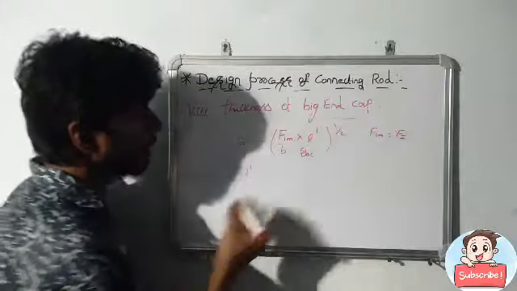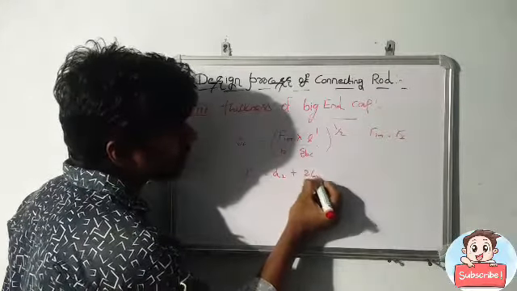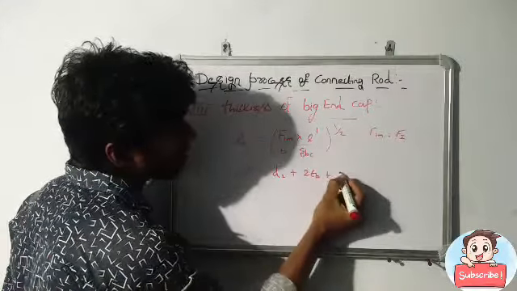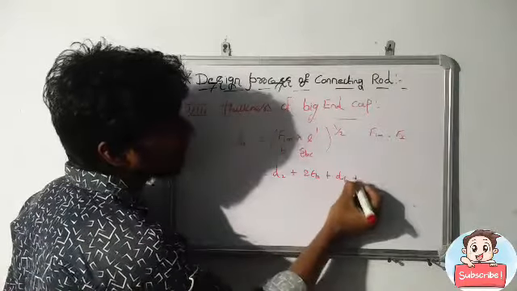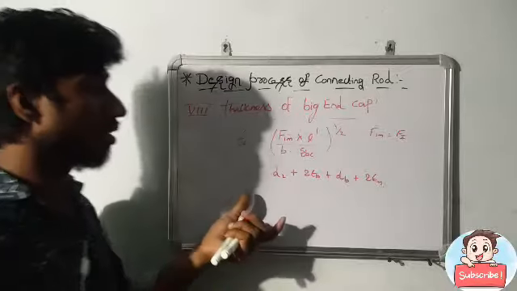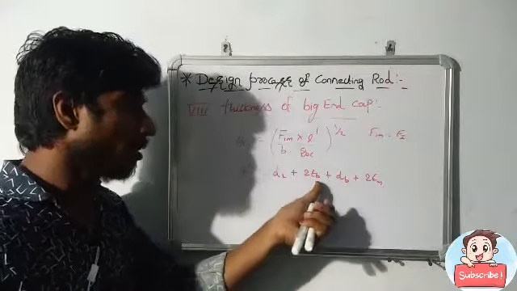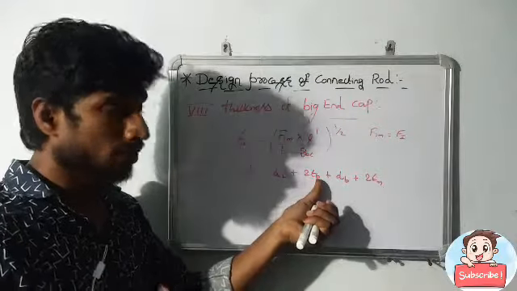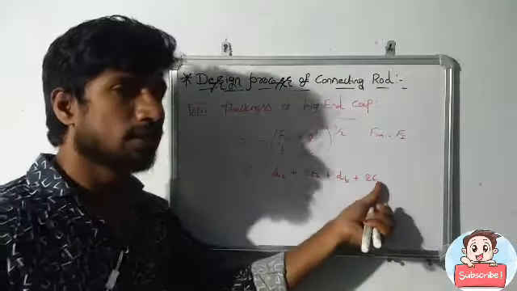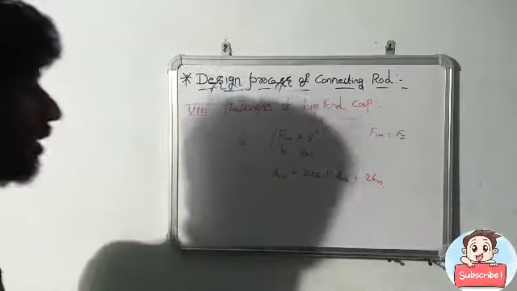So L dash is equal to D2 plus 2TB plus dB plus 2TM. D2 is the diameter of the crank pin, TB is the thickness of bush, Tm is the marginal thickness, and we already know dB is the nominal diameter.